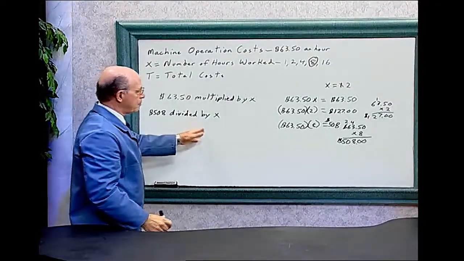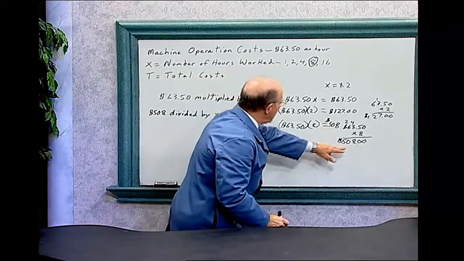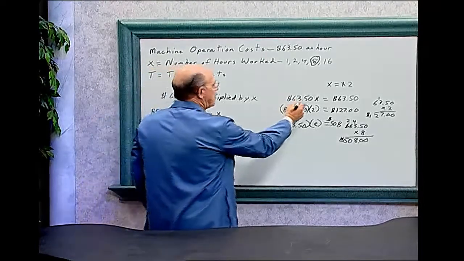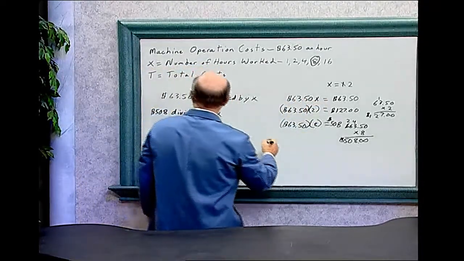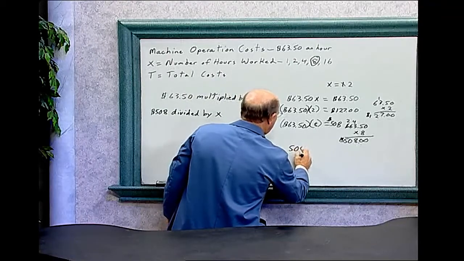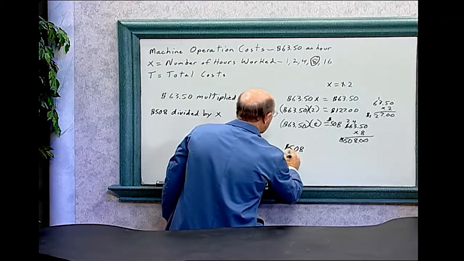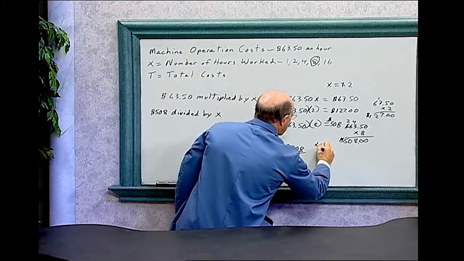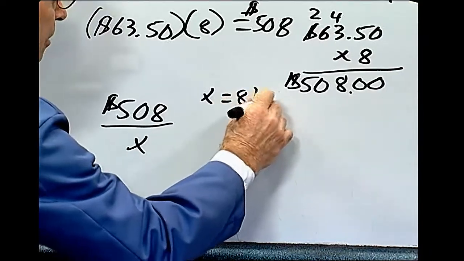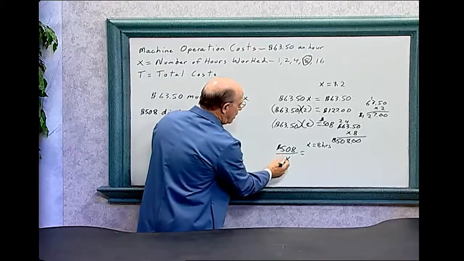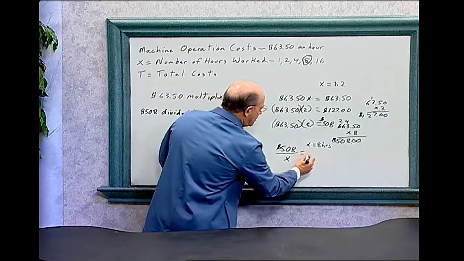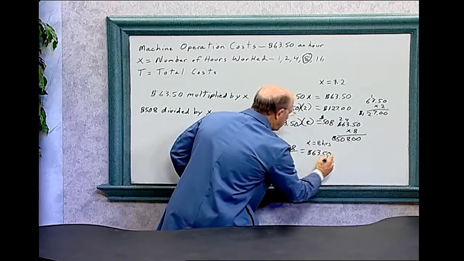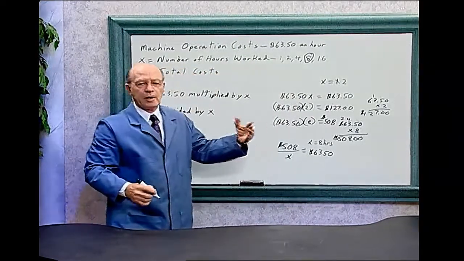And that would be using this term over here, and x would have to equal 8 to get the right answer, and then we could do an algebraic expression, which would be 508 divided by x, and x equals 8 hours. So 508 divided by x, 8 hours, equals 63.50. And now we have a formula.